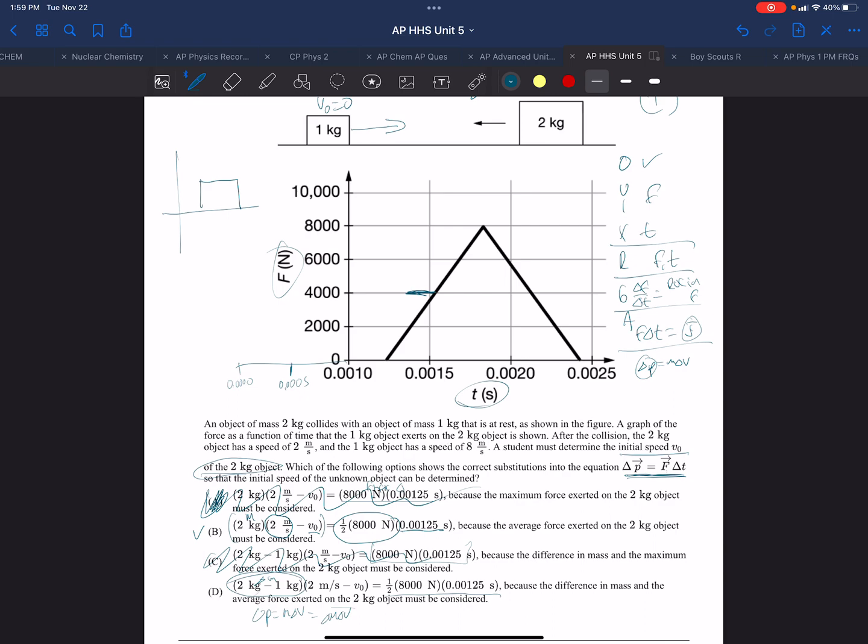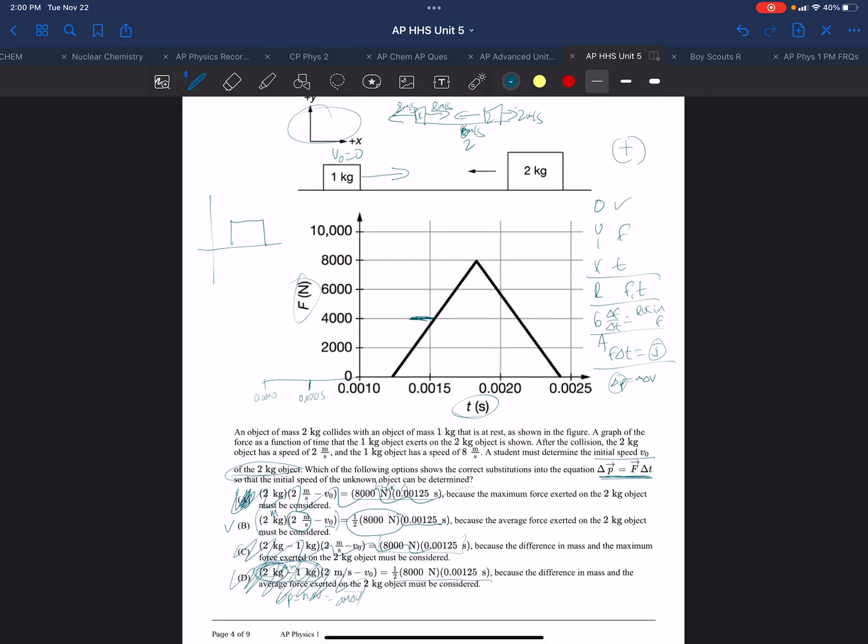And of course, the mass of the 2 kilogram object doesn't change from 2 kilograms to 1 kilogram. So this is nonsensical. And so this one can work, provided the velocity is a positive 2 afterward. But the others are all clearly incorrect.